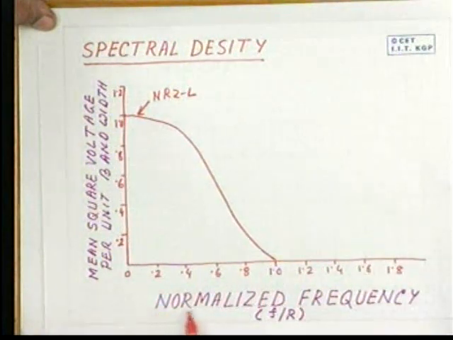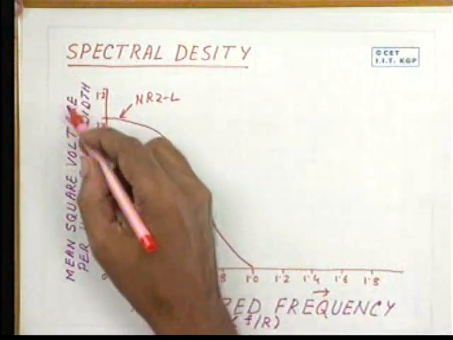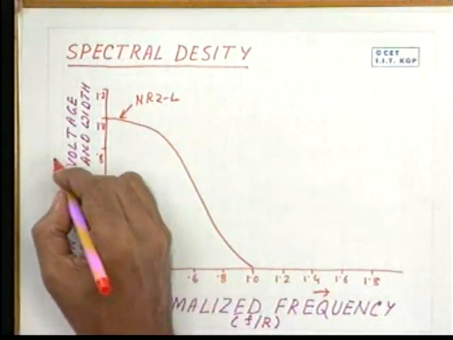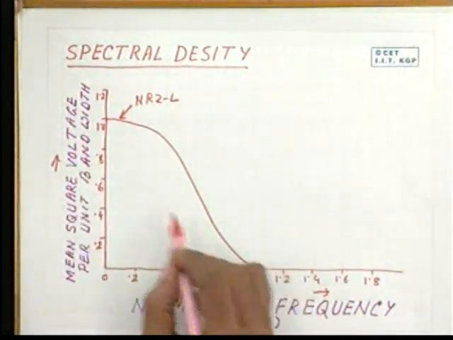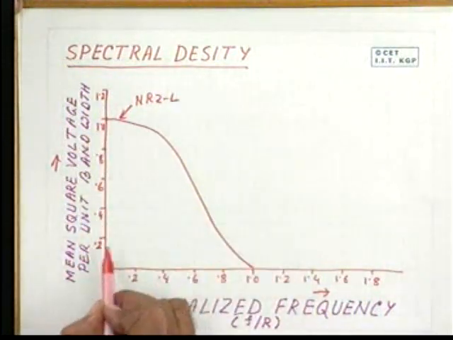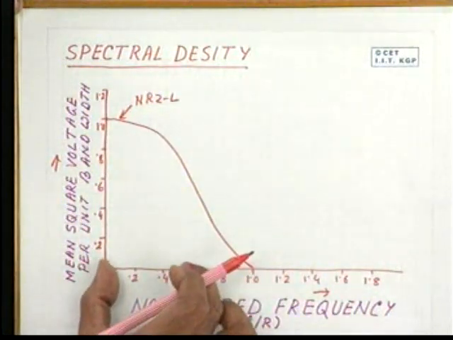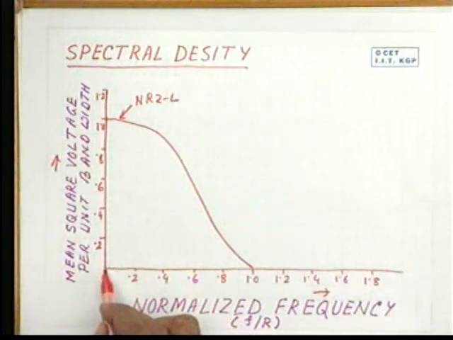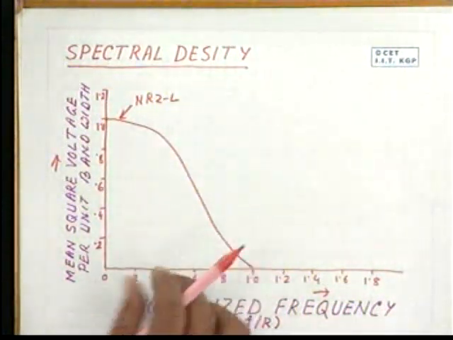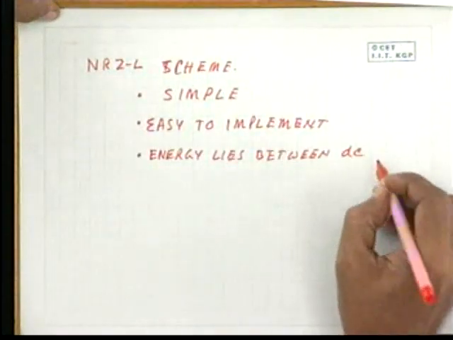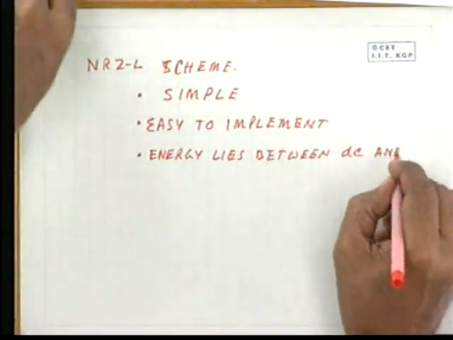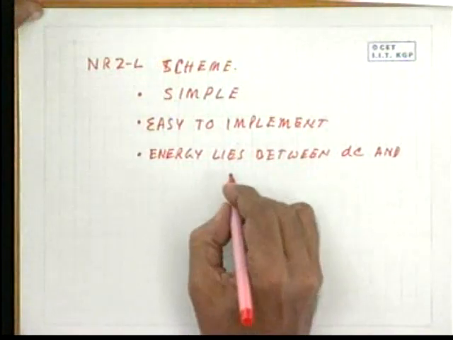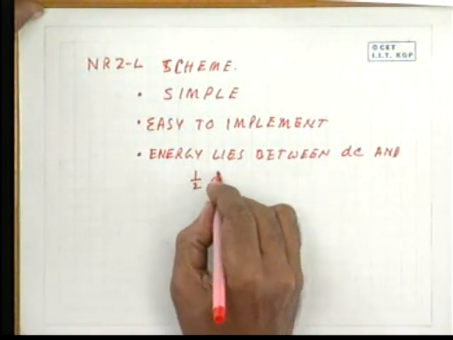Here the scale is normalized frequency in the x direction and mean square voltage per unit bandwidth in the y direction. So that gives you the spectral density, and here you see the main concentration of energy is from DC to half the data rate.